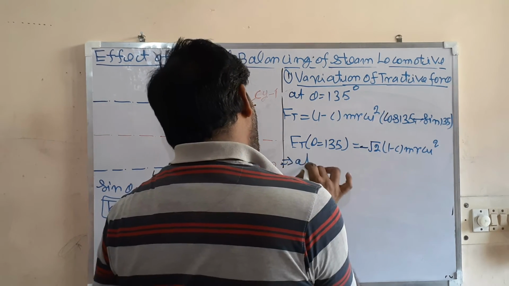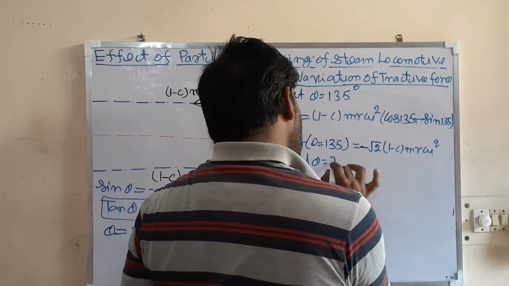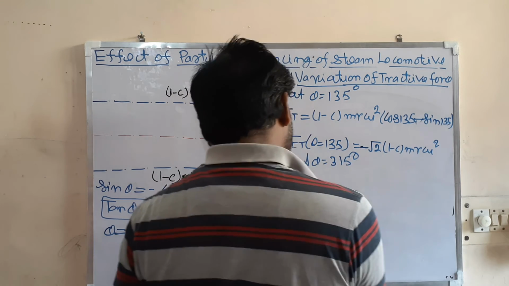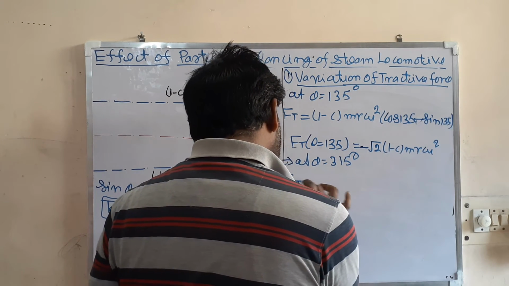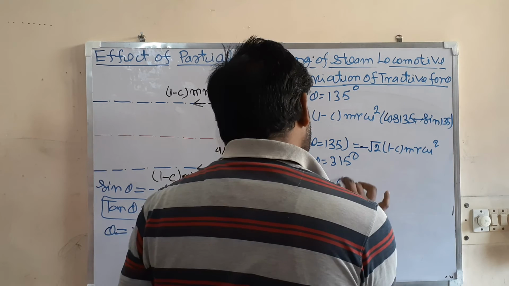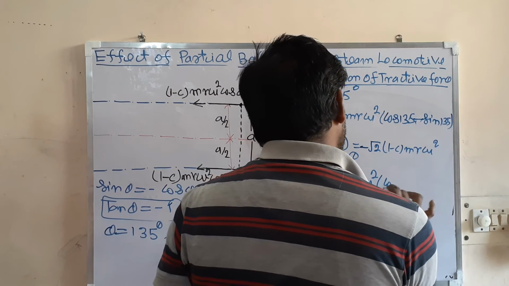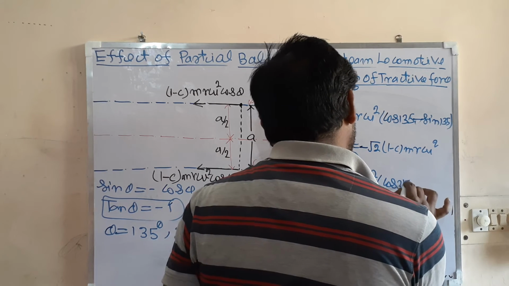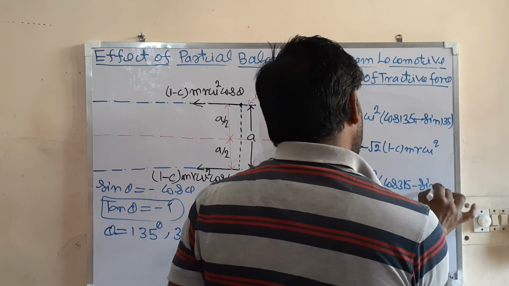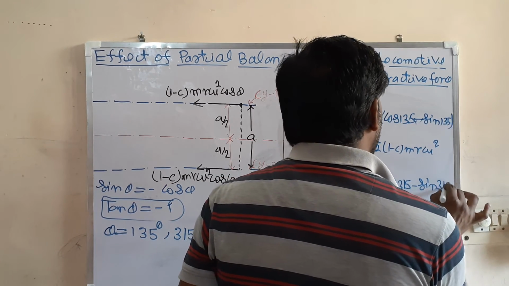Now at theta equal to 315 degrees, let us find out. Ft is equal to (1 − c) m r omega square, cos 315 minus sin 315.